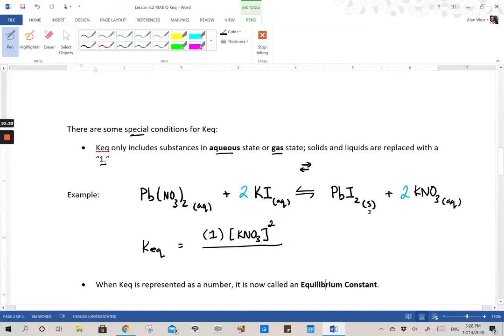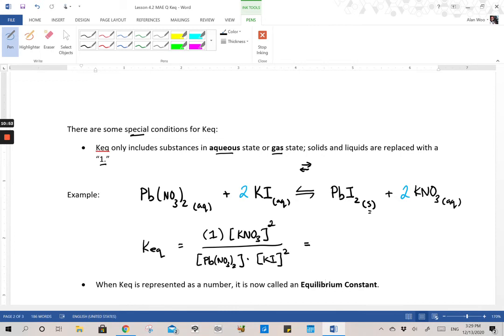All of that is over Pb(NO3)2 times KI. And because KI has a coefficient 2, it becomes the exponent 2. Now, this is exactly the same thing as me writing it without that 1 there, right?